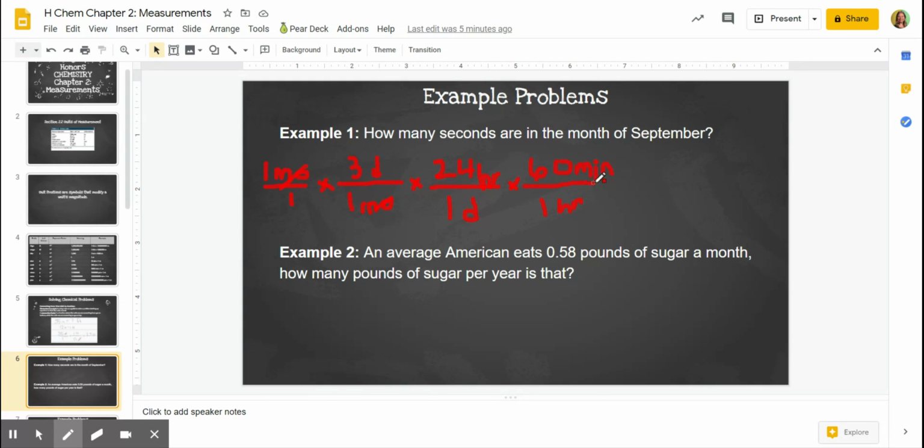Minutes is 1 hour. Okay, and last but not least, 1 minute is 60 seconds.